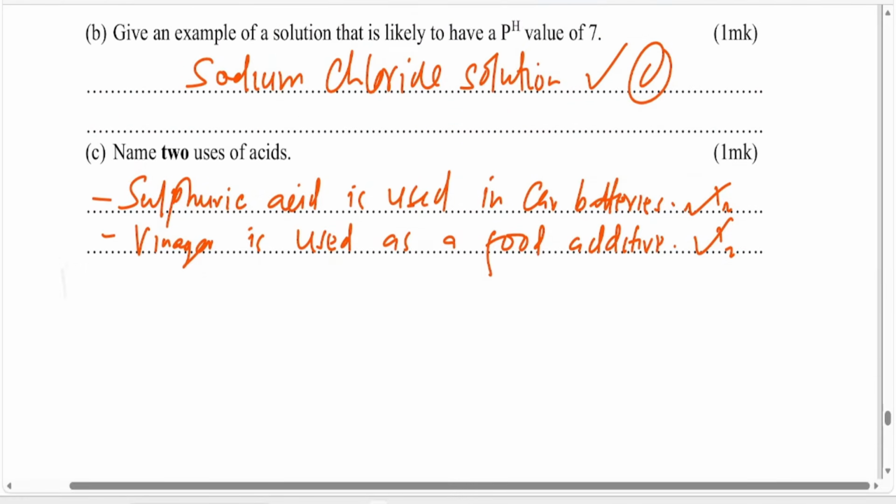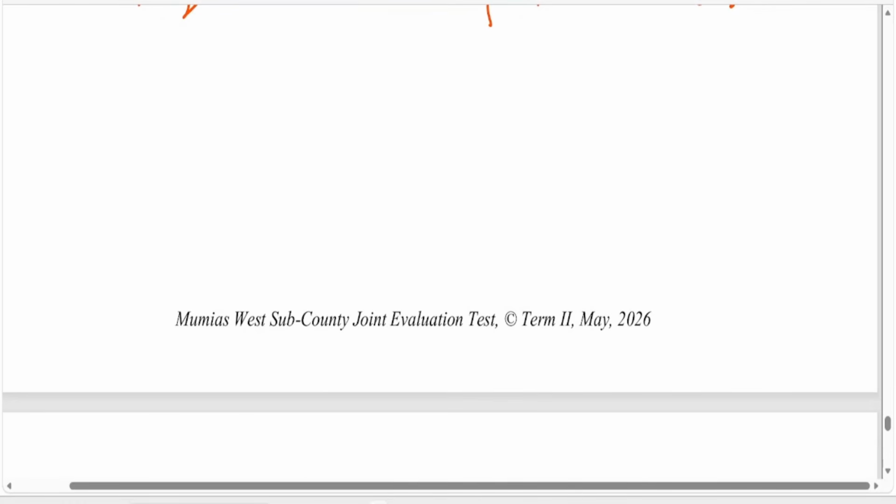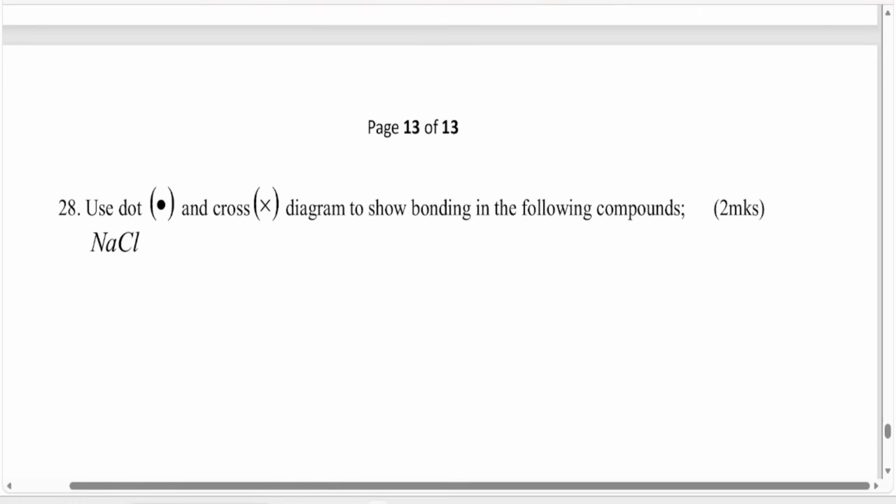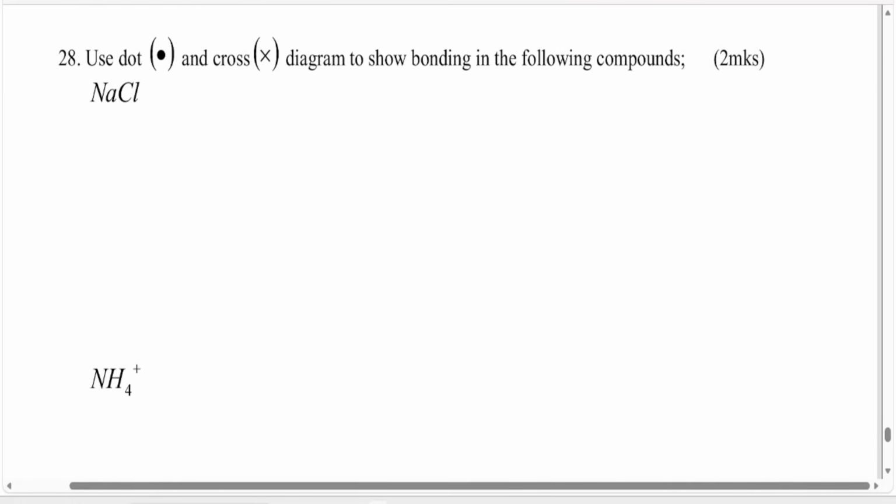Let's now move to question number 28. Use dot and cross diagrams to show bonding in the following compounds. We have sodium chloride.